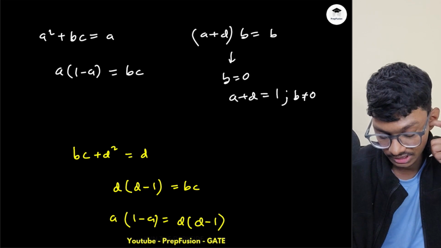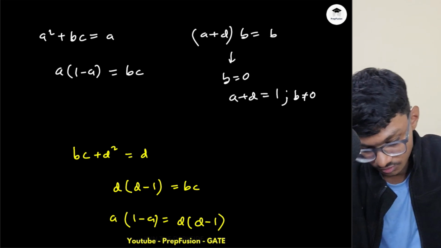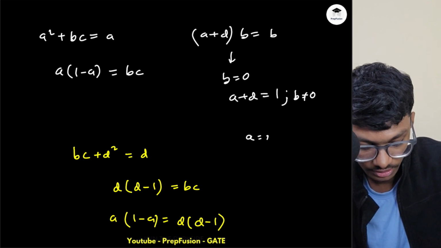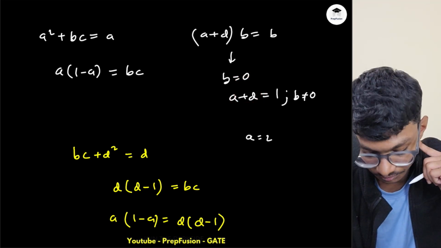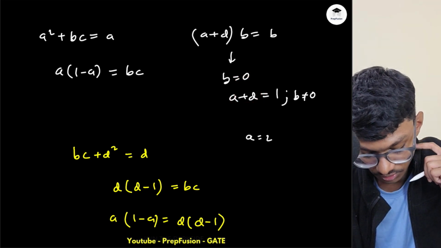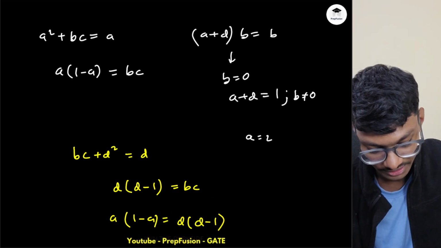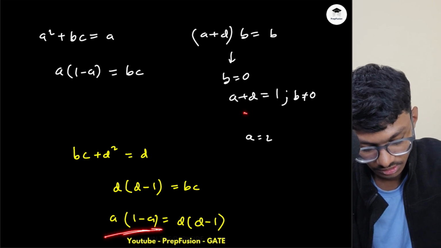So what will happen if I choose a as 2? Then from here we get d equals minus 1. Is minus 1 satisfying? No, minus 1 is not satisfying. That is not possible. So if a is equal to 1, then d is equal to 0.